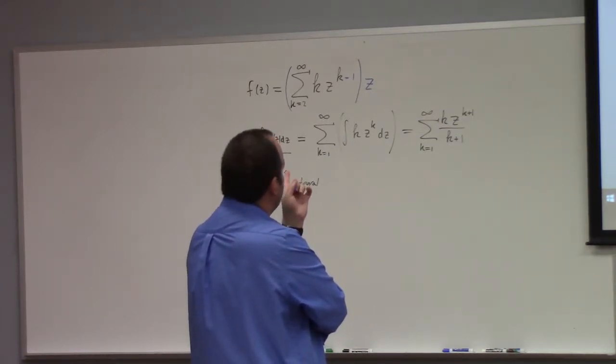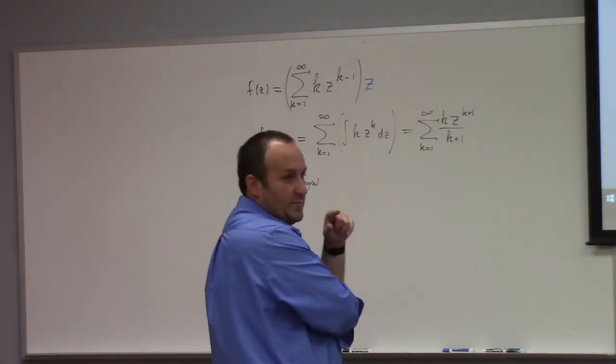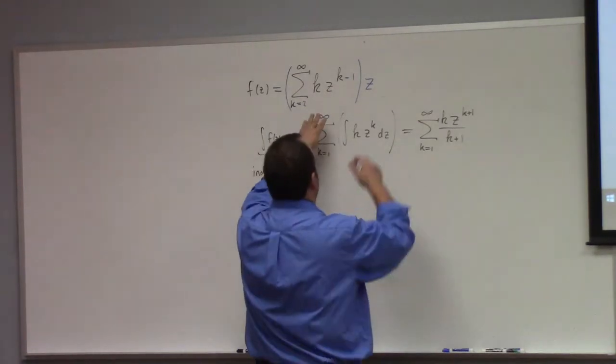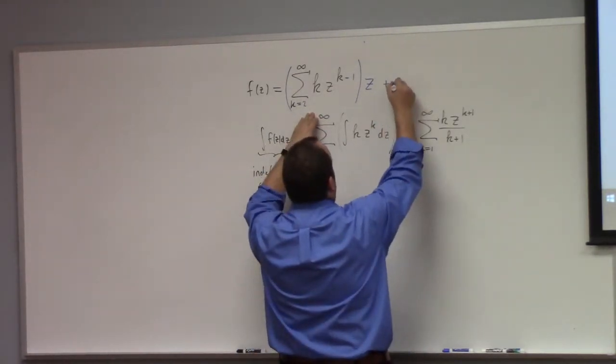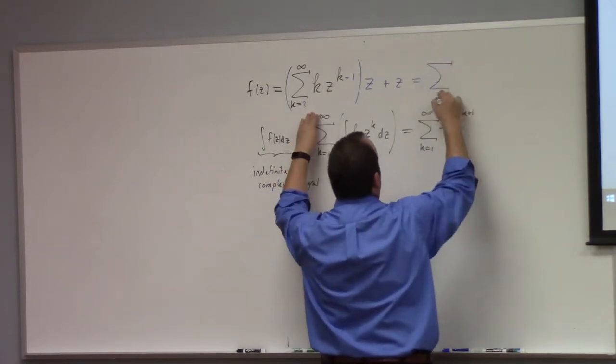Yeah, the first term then is what? K is 2, 2z, you're right. This plus z would be equal to the actual problem, right? Am I right?